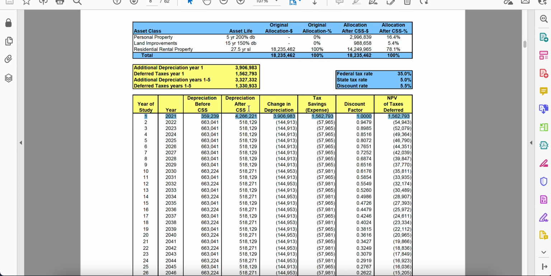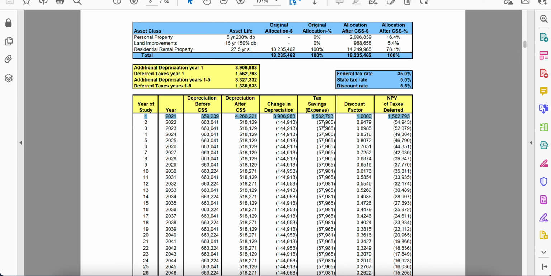After this cost segregation study, you can see that, excuse me, we had $4.2 million of available depreciation, which is a net change of $3.9 million in year one and a potential tax savings of $1.5 million in year one.